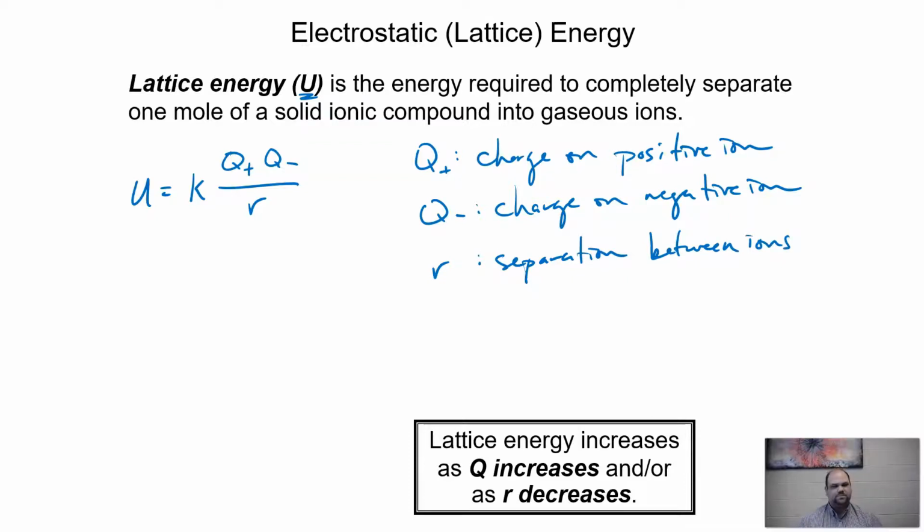Okay. And so if we investigate this a little bit, in order to have a large lattice energy, so in order to have an increase in U, we need to have an increase in charge, or we need to have a decrease in this R value, this distance.